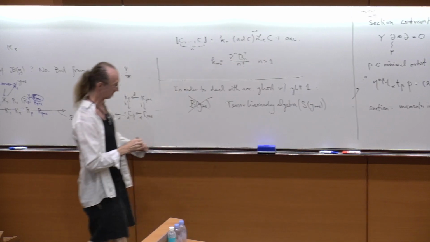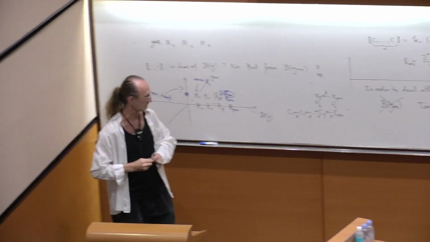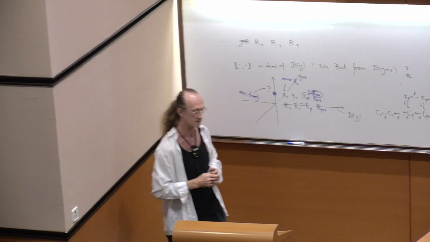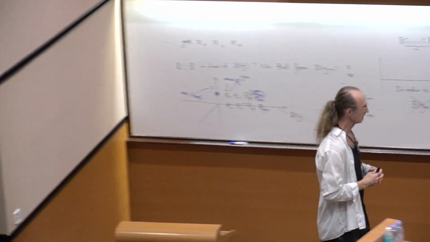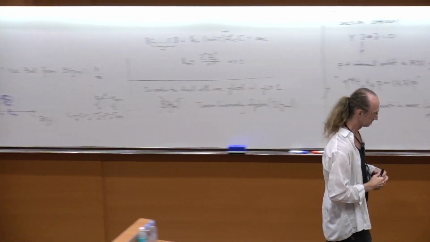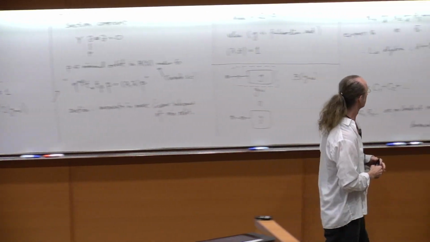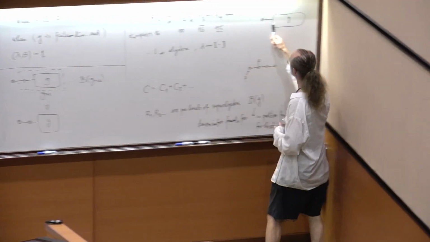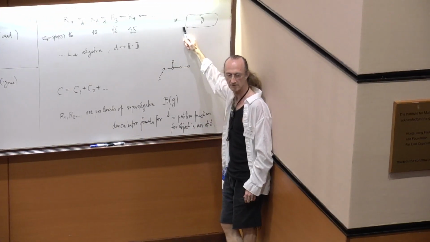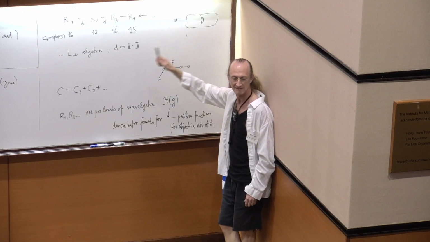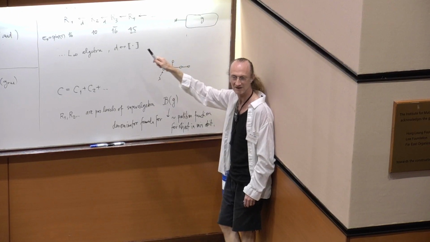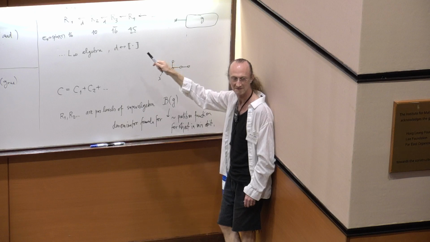I don't have much time, or no time at all, actually, to discuss in detail what a tensor hierarchy algebra is. It's a funny algebra, a superalgebra. It looks like the Borcherds superalgebra at positive levels, but it's not symmetric under exchange of positive and negative levels.